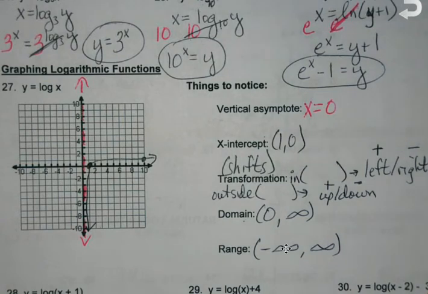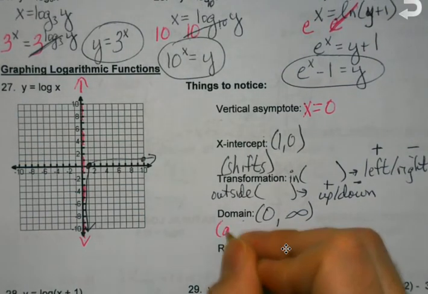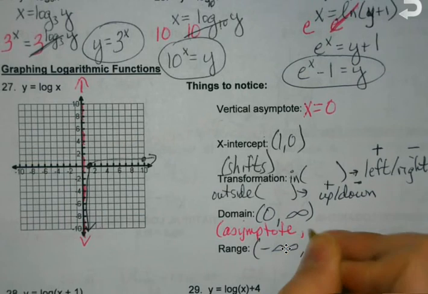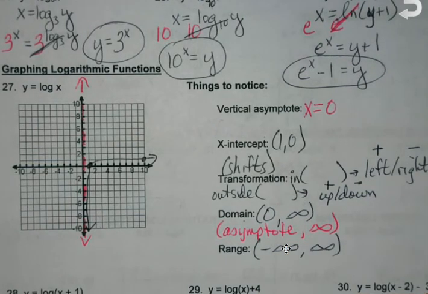So just to make one little extra helpful note here, if your asymptote moves left or right, your domain will move with it. Whatever your asymptote value is to infinity is what your domain's going to be. So like here, my vertical asymptote was at 0, so then my domain goes from 0 to infinity. If my vertical asymptote was at -3, my domain would be -3 to infinity. Those things are going to go hand in hand.